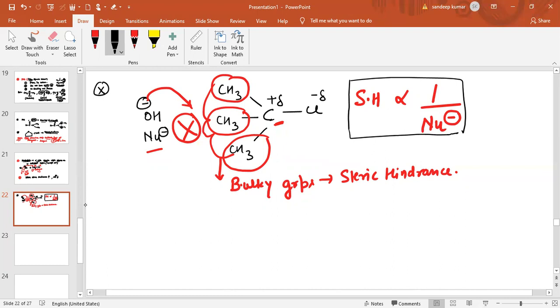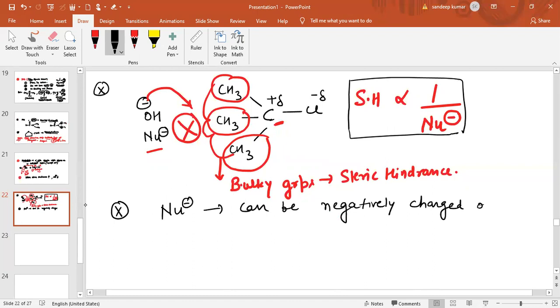So nucleophiles can be negatively charged and can be neutral. Nucleophiles can be negatively charged or neutral.